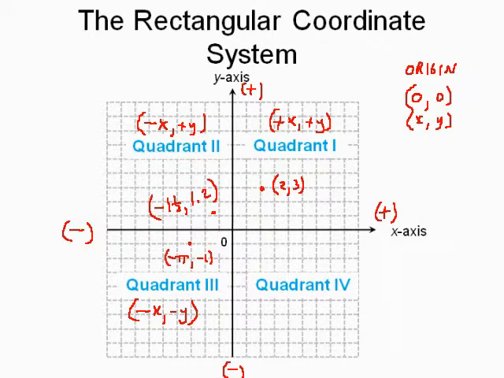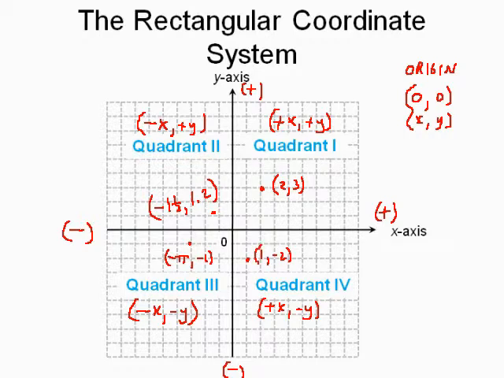Close enough for government work anyway. So all points in quadrant 3 will be negative. All right, in quadrant 4, last but not least, x will be positive, y will be negative. And if we take a point in quadrant 4, let's take 1, negative 2, and plot them and so forth.